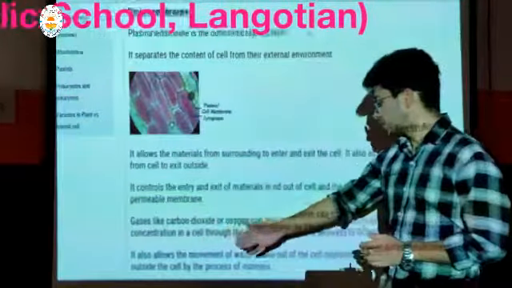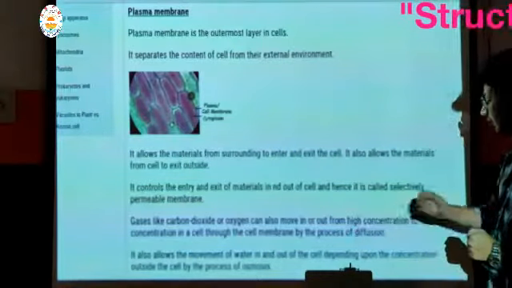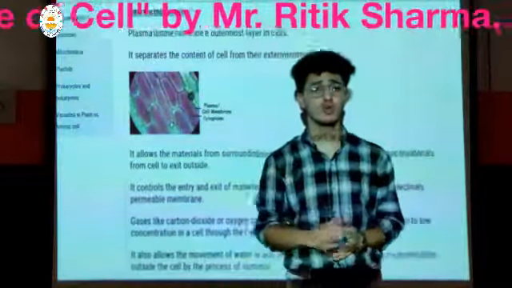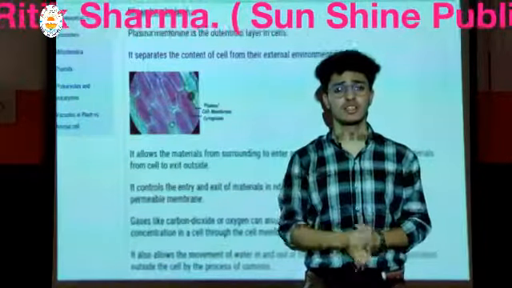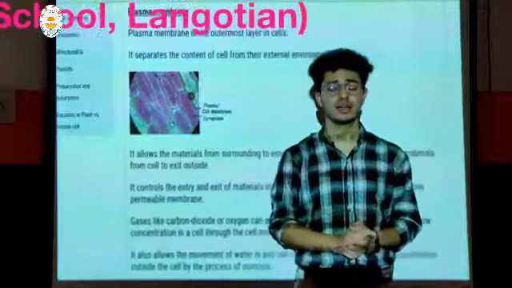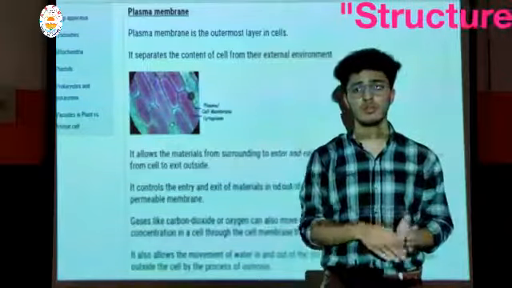It also allows the movement of water in and out of the cell depending upon the concentration. Like it allows the movement of gases, it also allows the movement of water. If the concentration outside is high and inside is low, the water will move inside. And if the concentration inside is high and outside is low, water will move out.